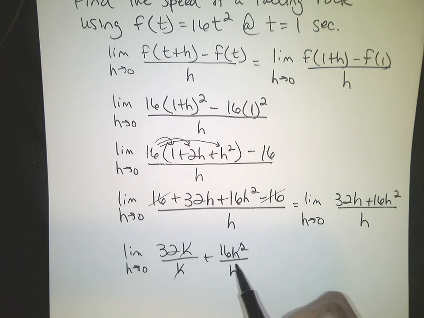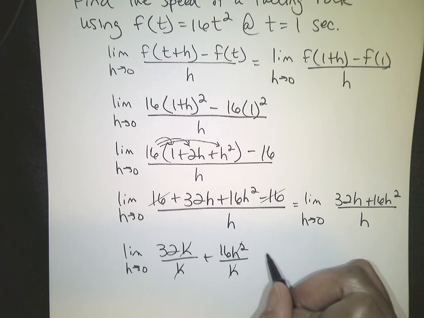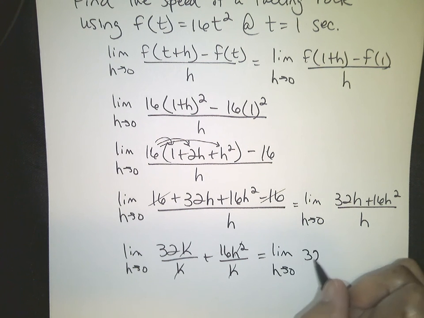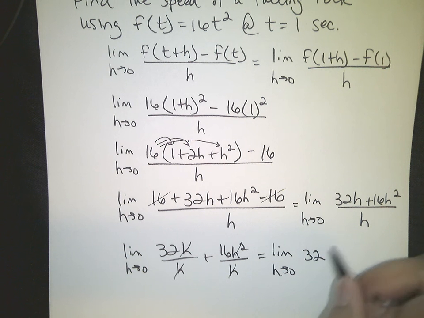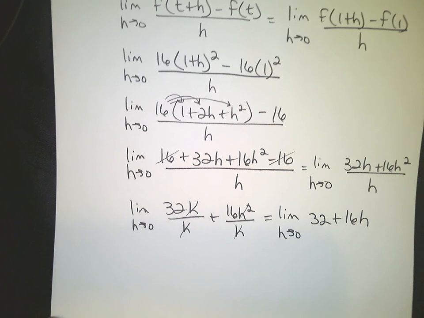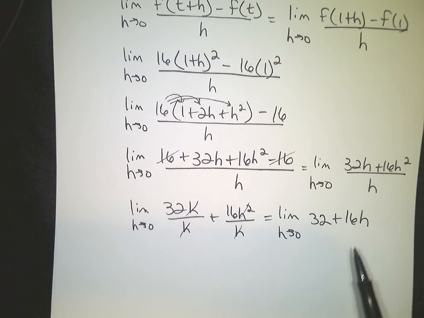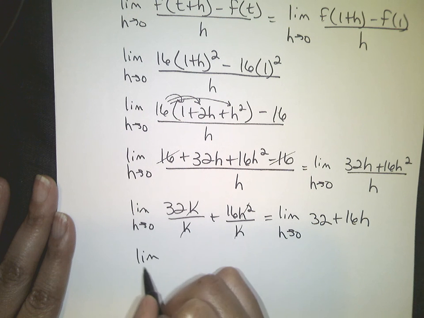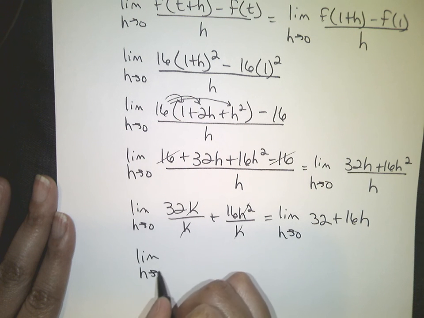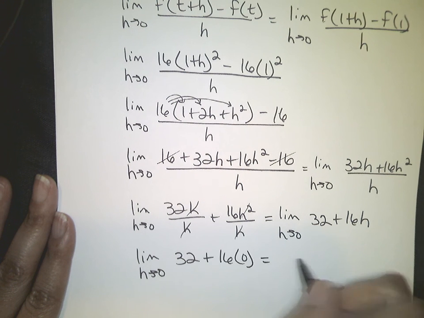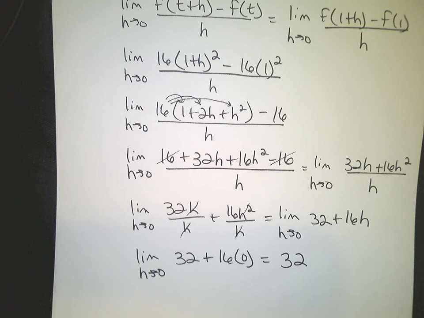So you simplify that down, and there's an h left. So this would be the limit as h approaches 0 of 32 plus 16h. All right. So now, if we plugged a 0 here, will that give us an undefined slope? No. So finally, we have the limit as h approaches 0 of 32 plus 16 times 0, which is 32.